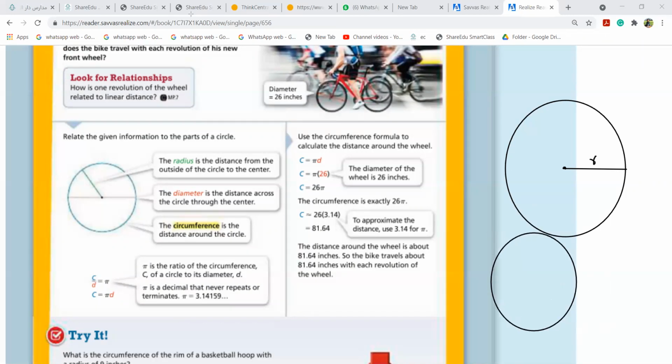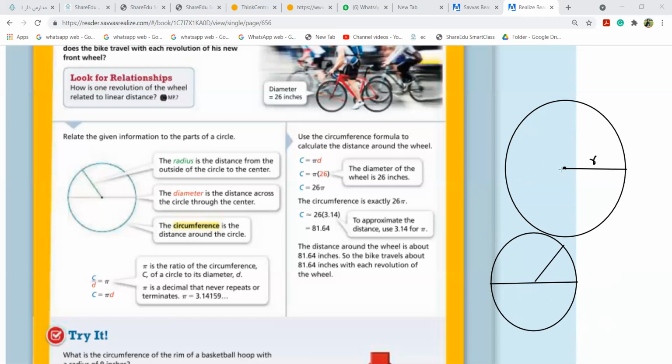If this is the radius, the whole thing is the diameter. That means 2 times the radius is the diameter. If I make 2 radii like this, that makes 1 diameter, right? 2 times the radius is the diameter.